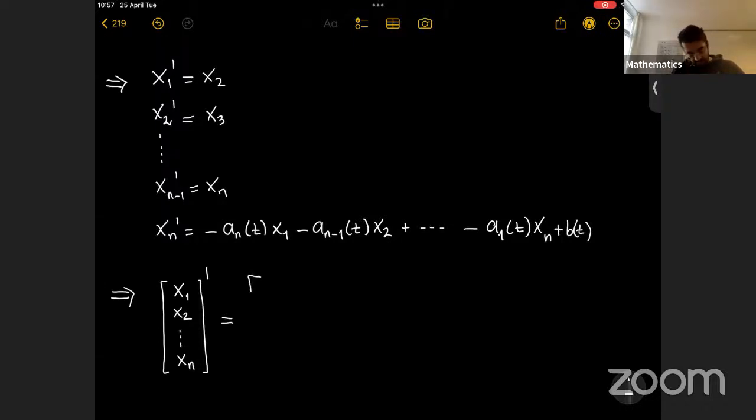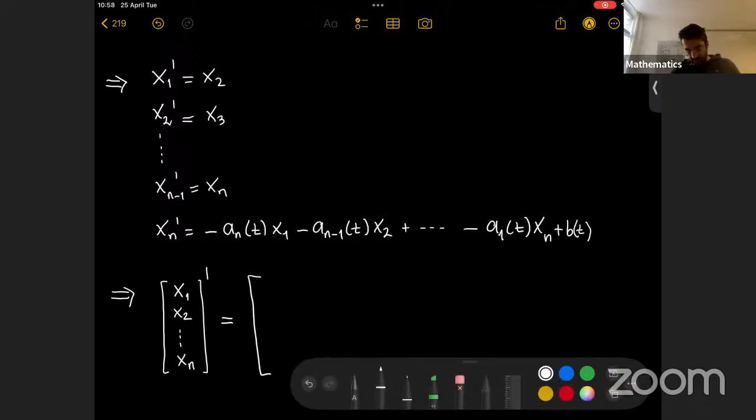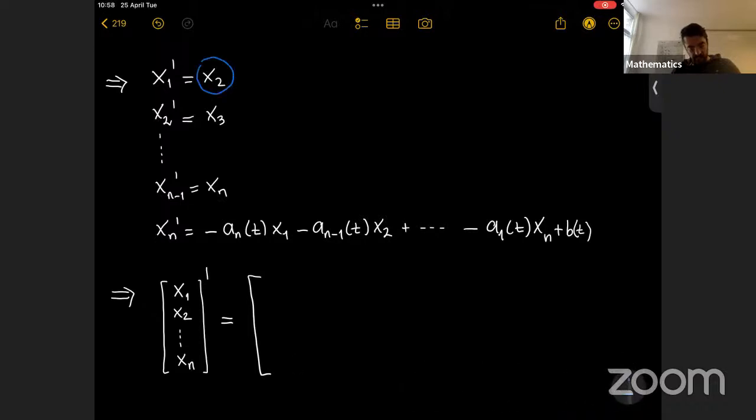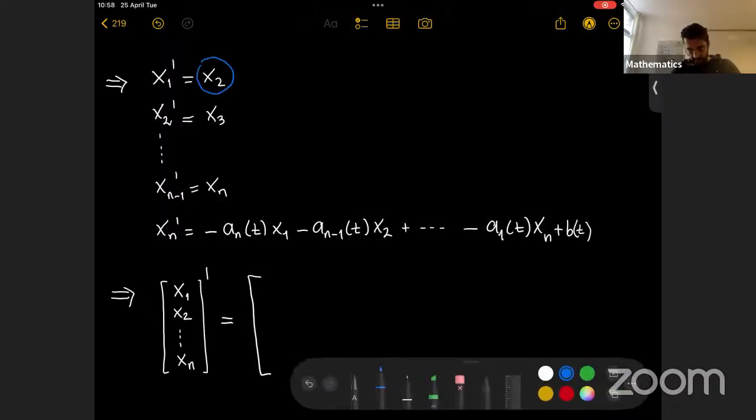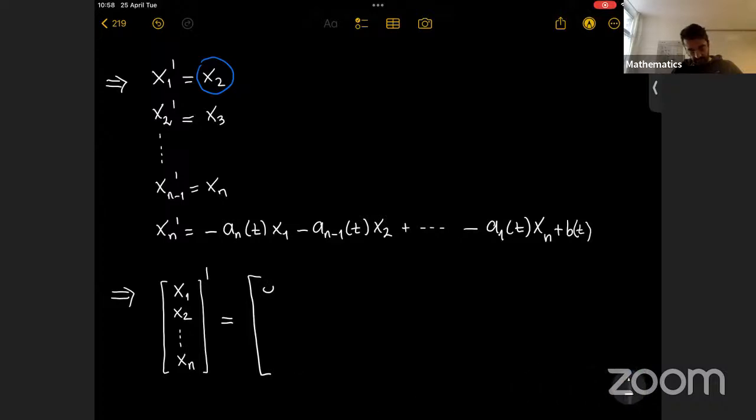Since we start with x2 here, the first row will be 0.